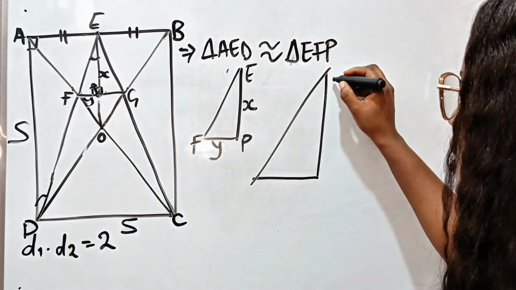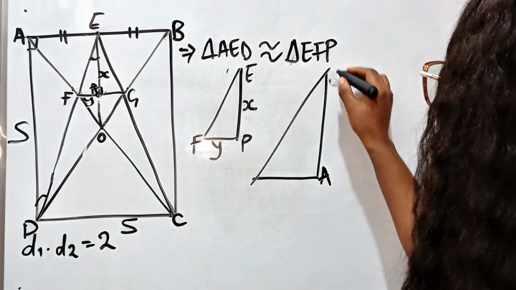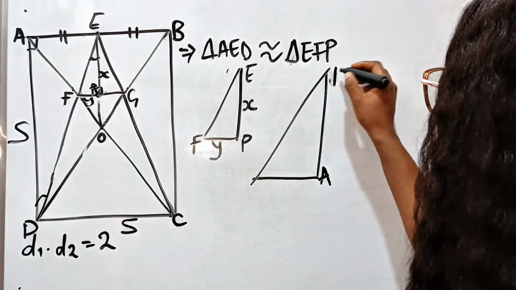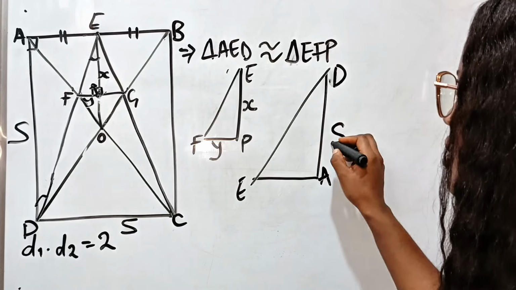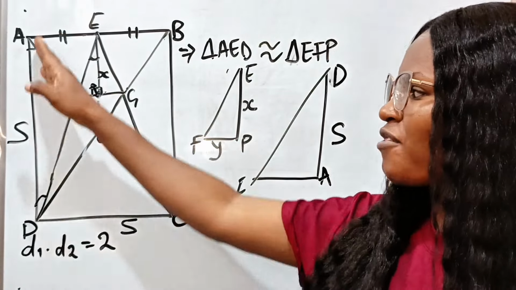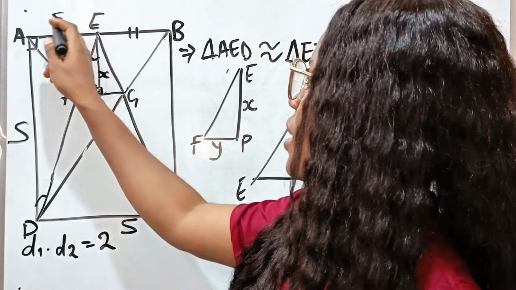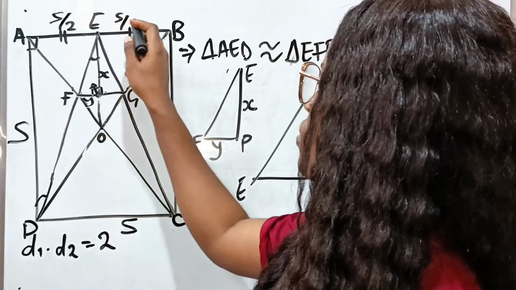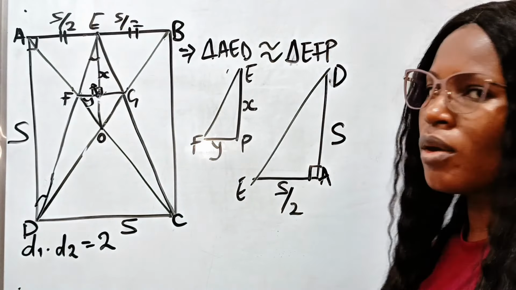That means this place is our A, this is our D, and this is our E. So AD is S, and EA, which is half of AD, should be S over 2. So here is S over 2, and this is our right angle.